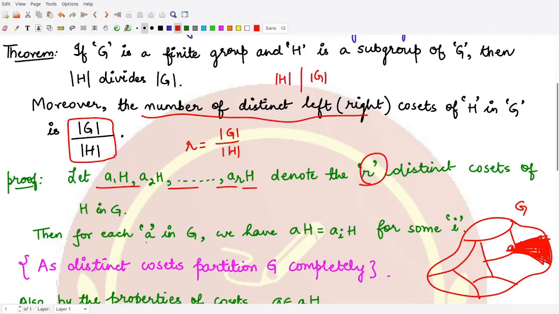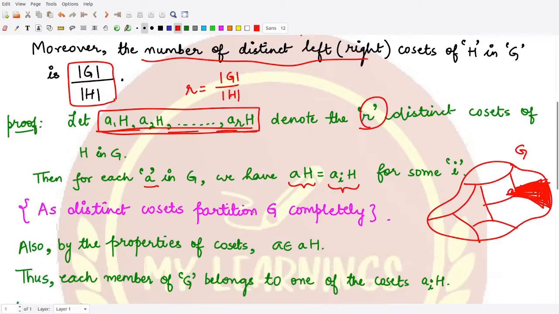Suppose I consider this A in G. Then the coset generated by this coset representative A is equal to AiH. It is one among these distinct cosets, because these are the only possible cosets that we have with us.